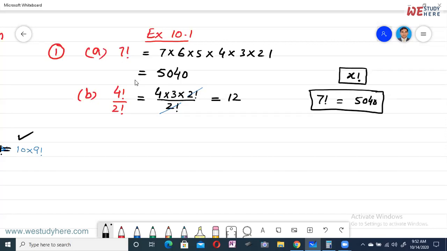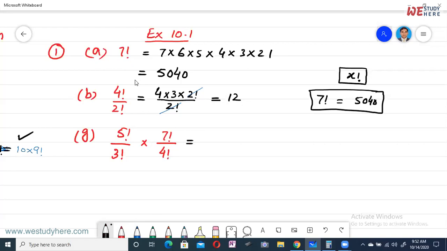In the same way you can do these questions. Then I will do the last part of this question. That is 5 factorial divided by 3 factorial into 7 factorial divided by 4 factorial.